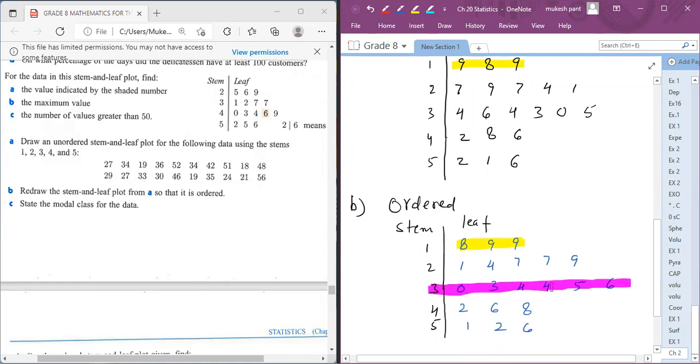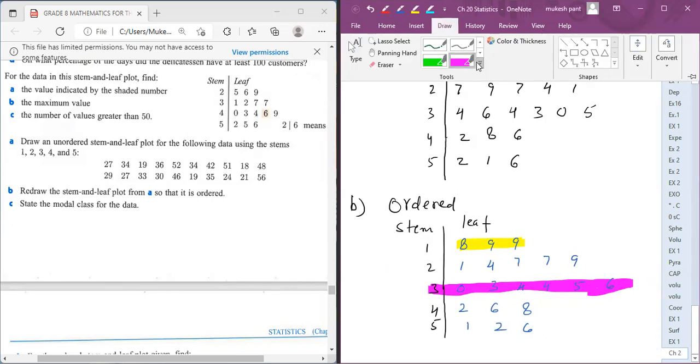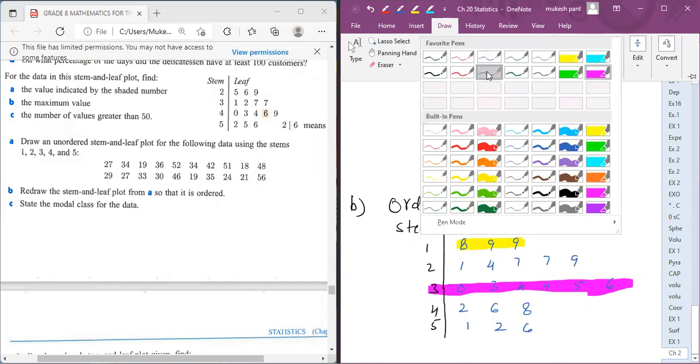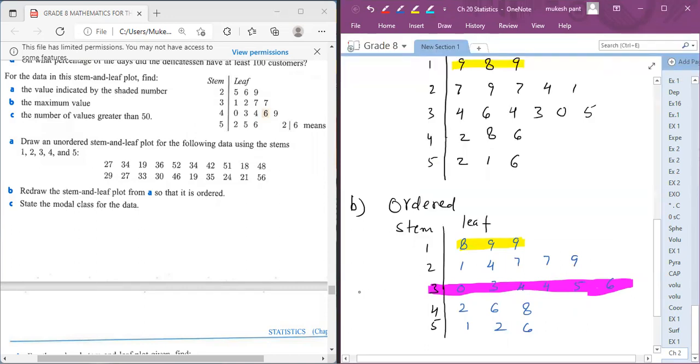So this one is the longest leaf, so this will be the modal class. You will have to show this, either write it or just say this one. You can show it by drawing an arrow: this is the modal class. Because why? Because it has the longest leaf. Longest leaf means highest frequency. Right?